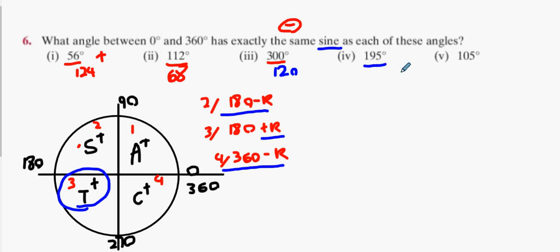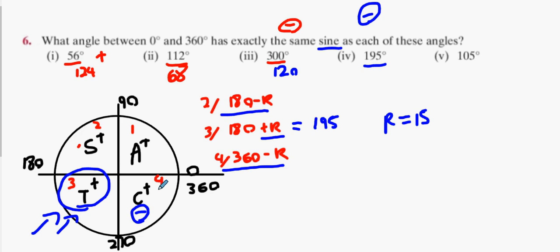195 is located in quadrant 3. This means your R value must be 15. The other answer, because it's in quadrant 3, this means it's negative. So the only other quadrant that sine is negative in is quadrant 4, which obeys these rules.